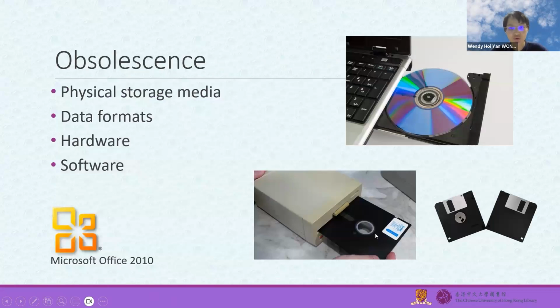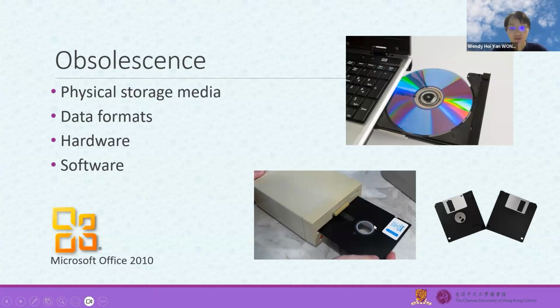Obsolescence. Some storage media, data formats, hardware, or software will become obsolete after some time. For example, nowadays you cannot find Microsoft Office 2010 anymore. So this is the obsolescence of the software.